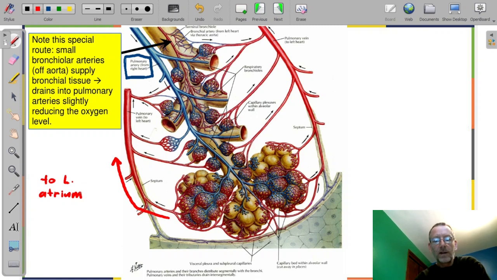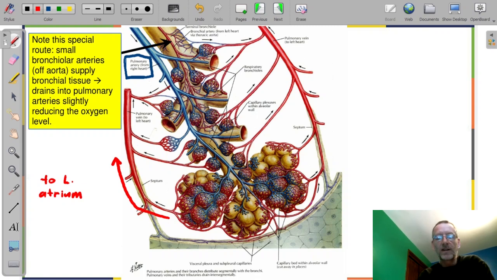I put a box here to remind you of the other much smaller blood supply into the lungs, which is the bronchial arteries. So read the box. It says, note, small bronchial arteries that branch directly off the aorta supply the bronchial nerve tissue and the smooth muscle.